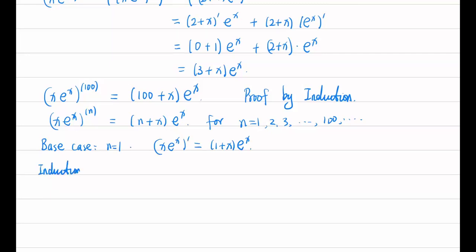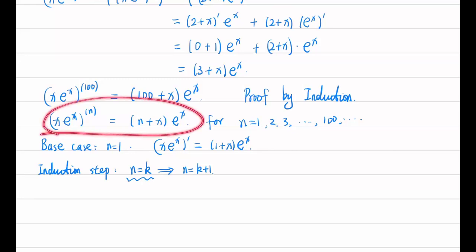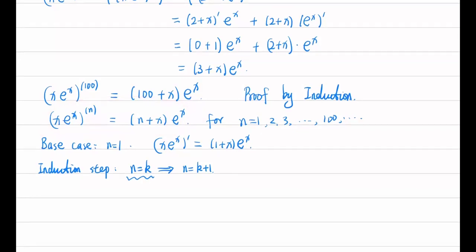You have to do it for k. So n equals k, any number k. If it works for k, it works for k plus 1. So what does this mean? This means we assume this formula is true for n equals k. So that's the assumption: the k-th derivative of x e to the x equals k plus x, times e to the x.